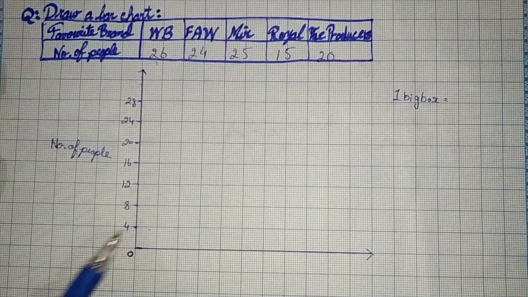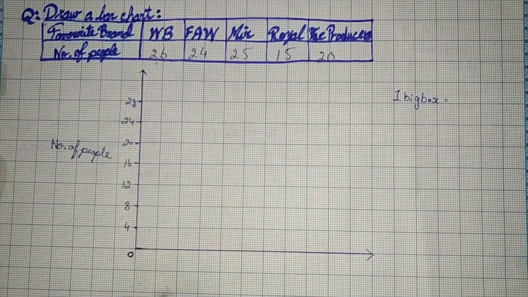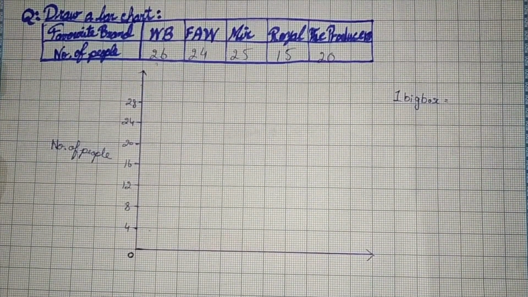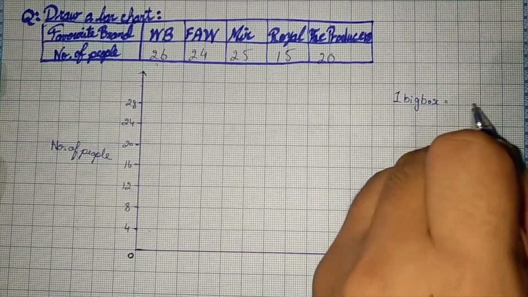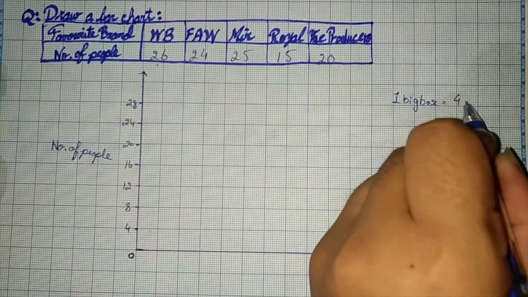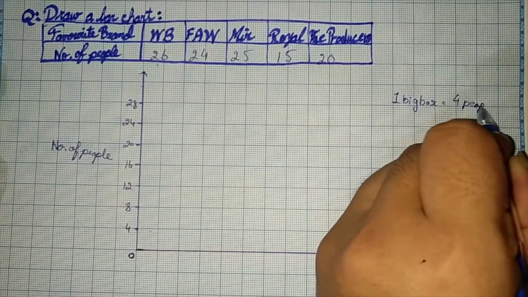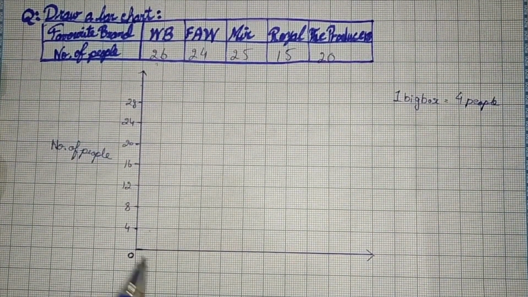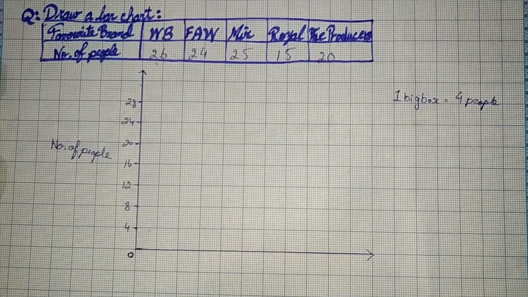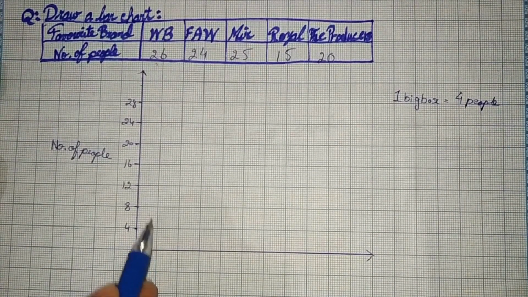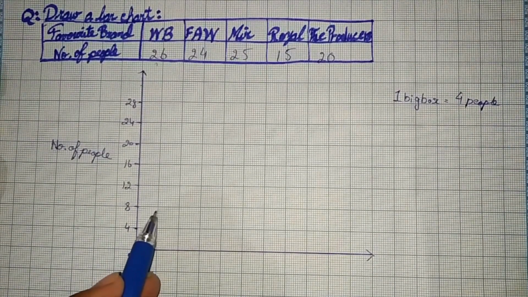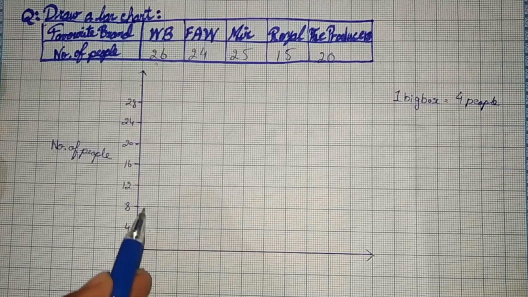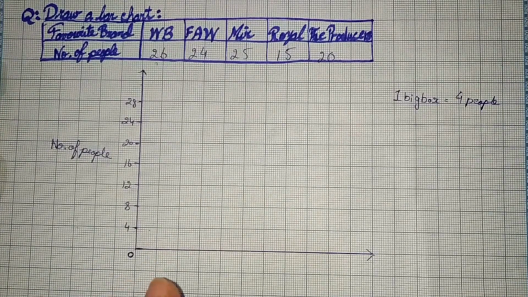So one big box is representing 4 people. And you can see that we have small boxes also. If you count these small boxes, we have 10 small boxes. First of all, I am talking about vertically.